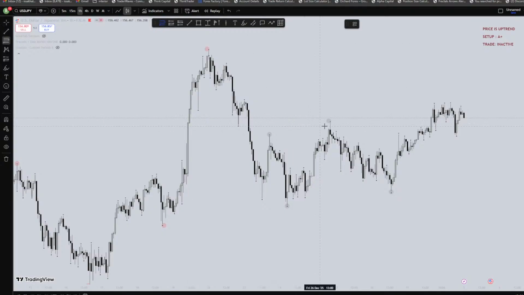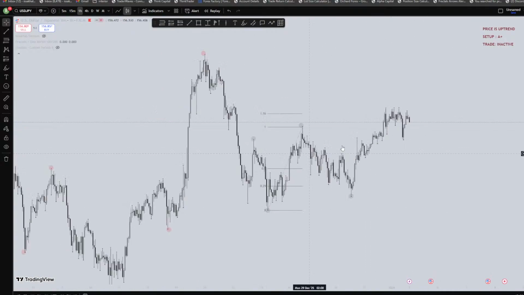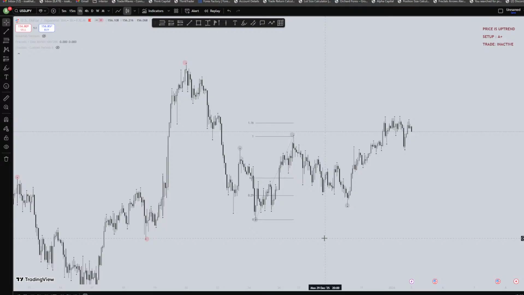So this was also an opportunity to take the trade, which also tapped the 0.29 and headed higher. It just tapped in, so this was already played out. As you can see, this is very factual.